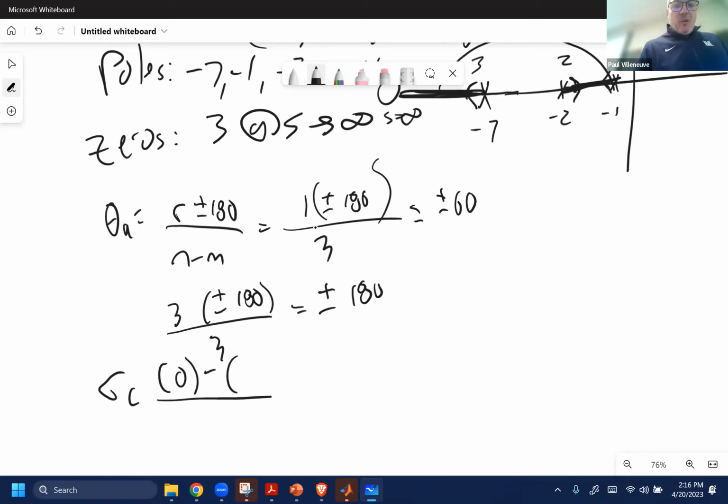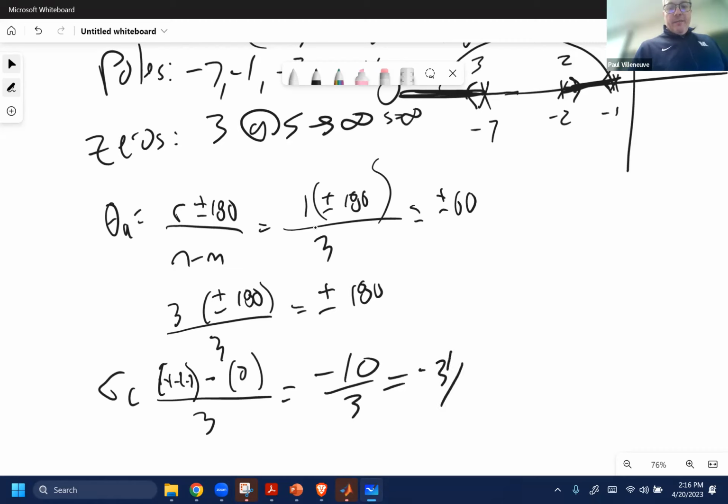It's the sum of the poles minus the sum of the zeros. So the sum of the poles, minus 1, minus 2, minus 7, minus the sum of the zeros, all over n minus m, which is 3. So I've got negative 10 over 3, or minus 3 and 1/3.